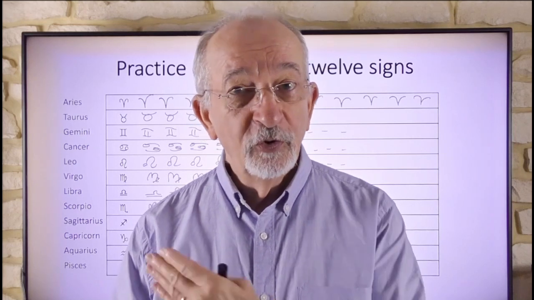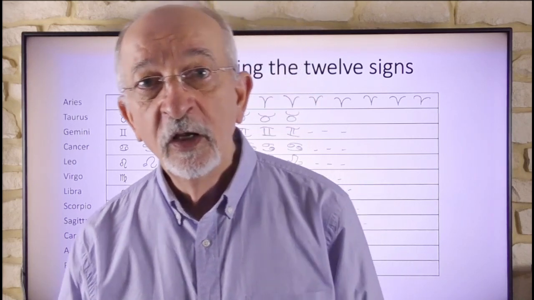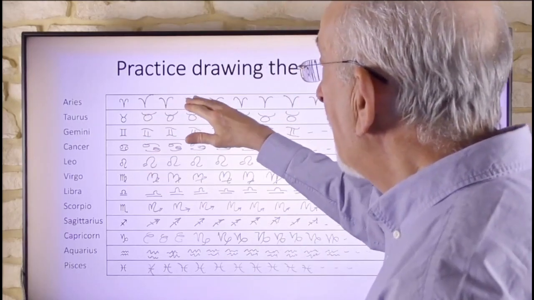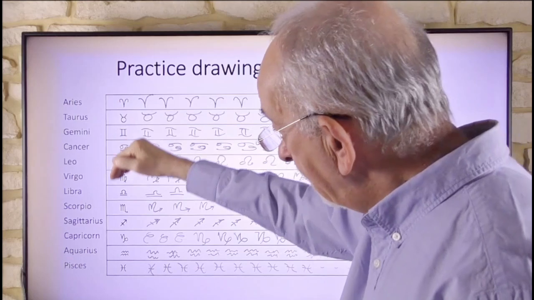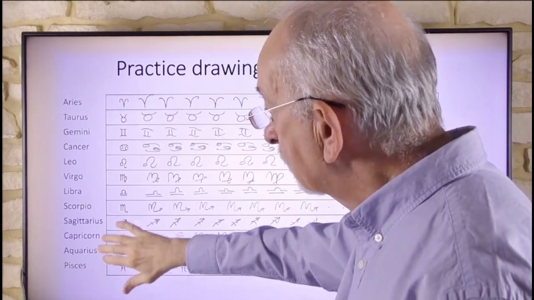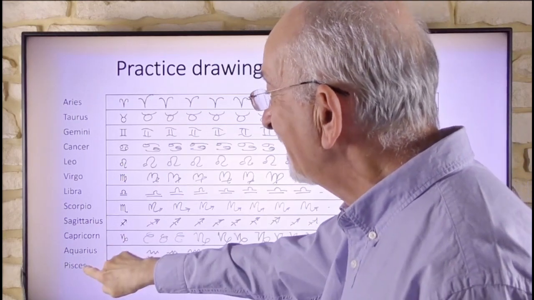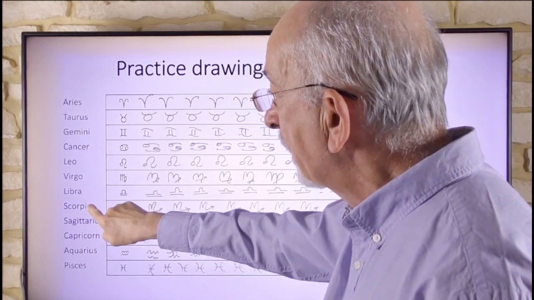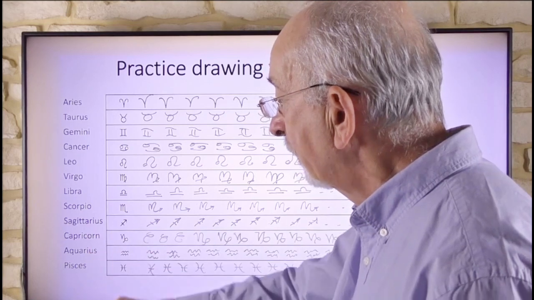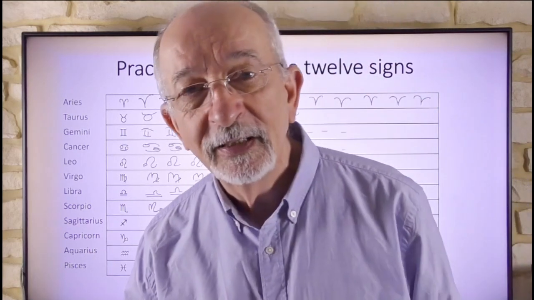And as well, when you do this type of exercise, you draw a line of each symbol in the chronological order from Aries to Pisces: Aries, Taurus, Gemini, Cancer, Leo, Virgo, Libra, Scorpio, Sagittarius, Capricorn, Aquarius, and Pisces.